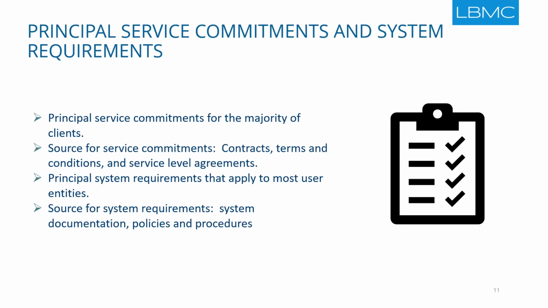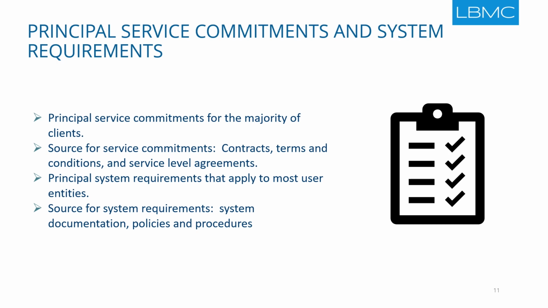Principal service commitments are only those that an organization makes to the majority of its clients. An organization will most likely have these defined in contracts, terms and conditions, and service level agreements. Some examples may be standards used for encryption of client data, compliance with standards, customer support commitments, and security and availability commitments.